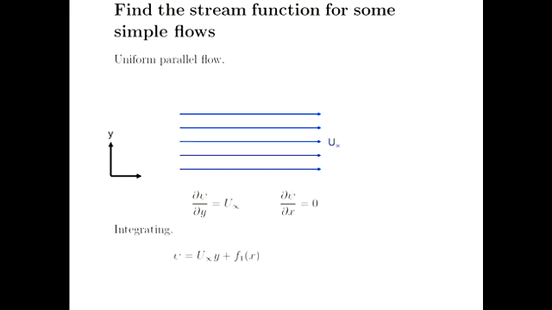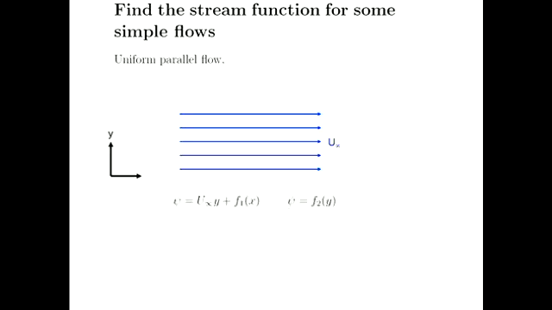And when I integrate the other equation, 0 integrated with respect to x is still 0, so I just get that psi is equal to some possible function of y.